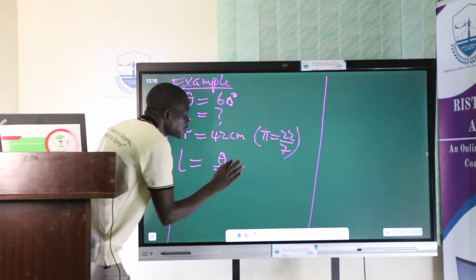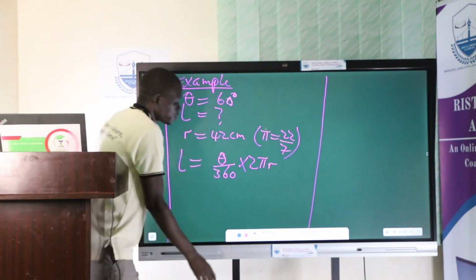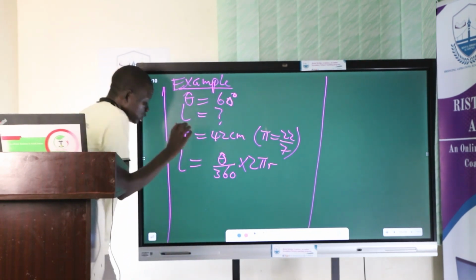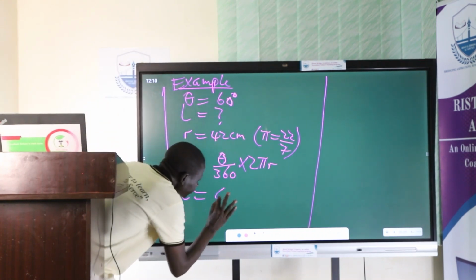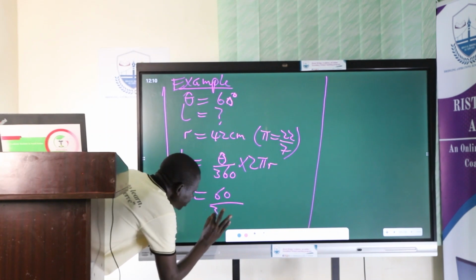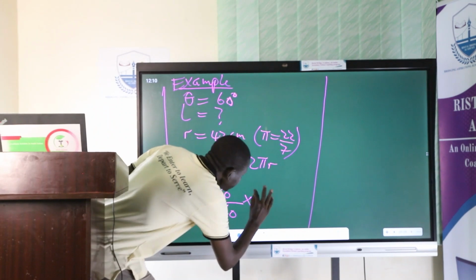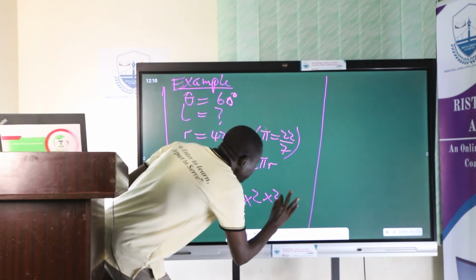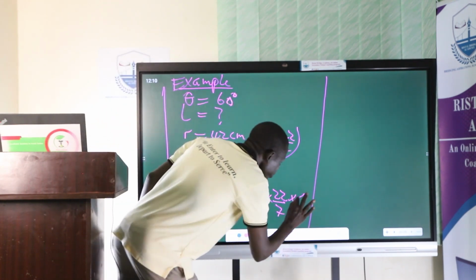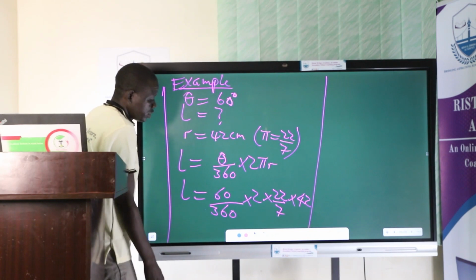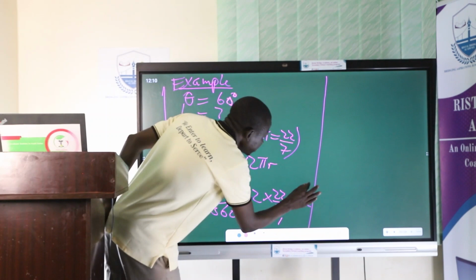We shall find that our length L is equal to theta, which is 60, out of 360 times 2 times pi, which is 22/7, then times r, which is equal to 42. So here, 7 once is 7, 42 divided by 7, we get 6. The 0 will cancel with this. By 6 once, 36 by 6, we get 6.